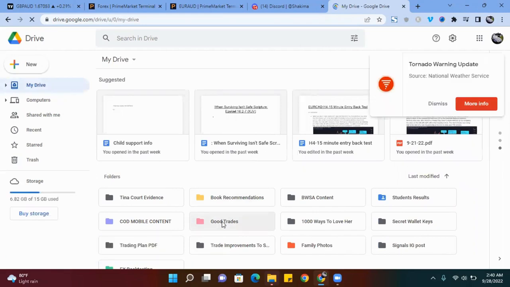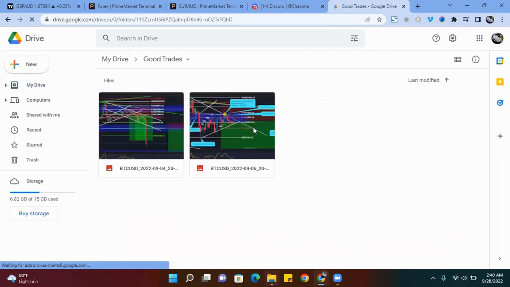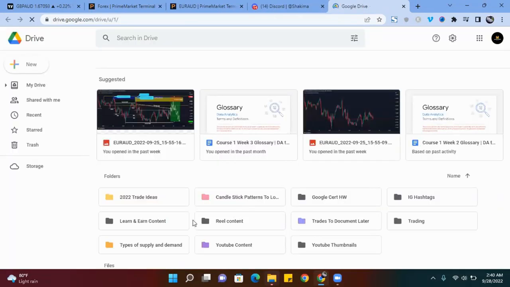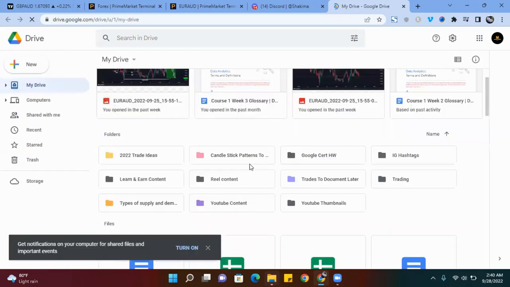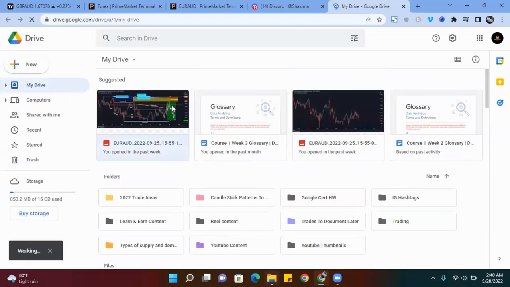I got some things to do in the morning, but I might take a London session trade. That's not it. That's the wrong folder. That's the wrong Google Drive. Where is it at? I know I have some good trade ideas.